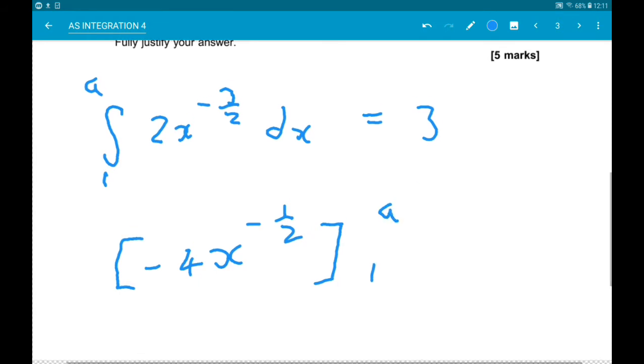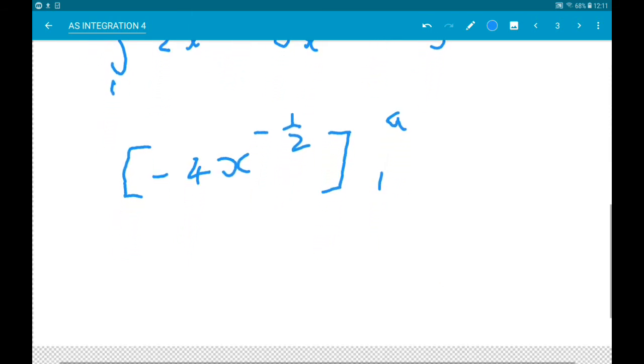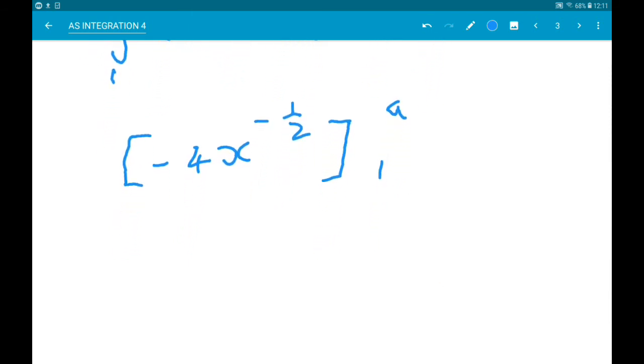Okay, now let's plug in our limits. So when we put a in, we're going to get minus 4 over root a, and then we subtract what we get when we put 1 in.